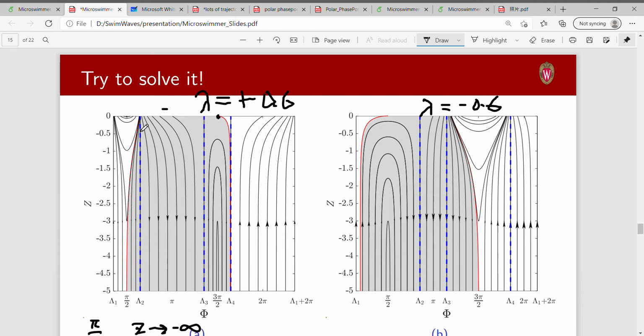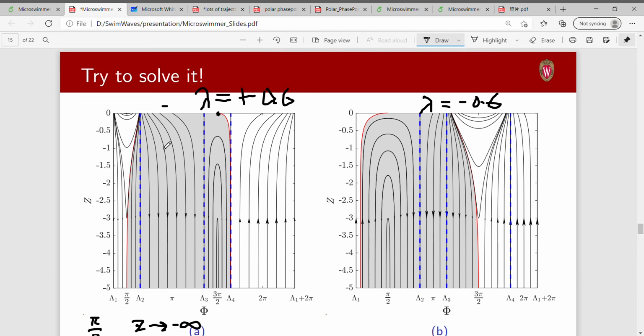Actually it can go even deeper than this. It can go very deep, toward minus infinity. Okay, not infinity, but it can go as deep as -10 or something like that, and then come back to the surface, and we call this a cusp motion.